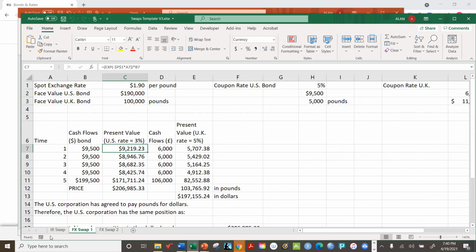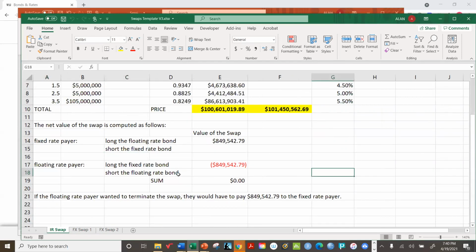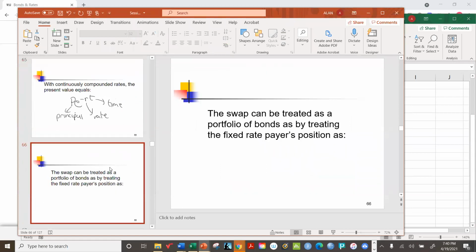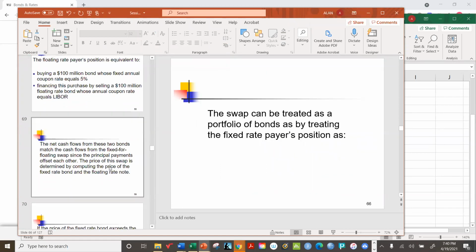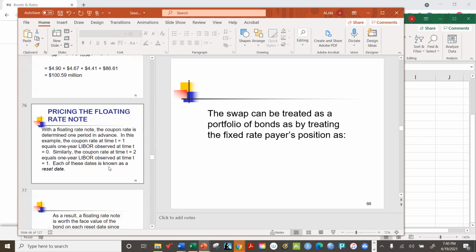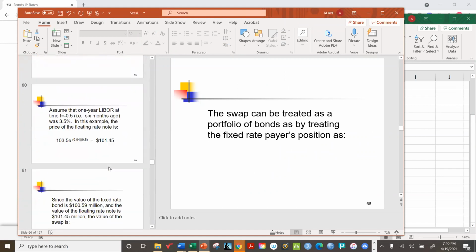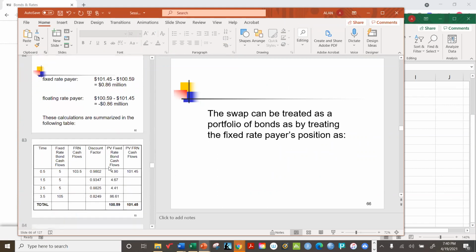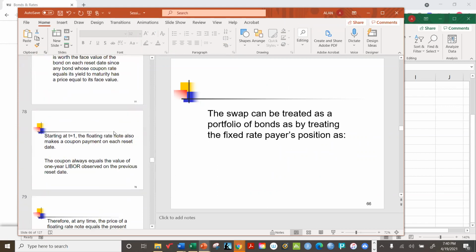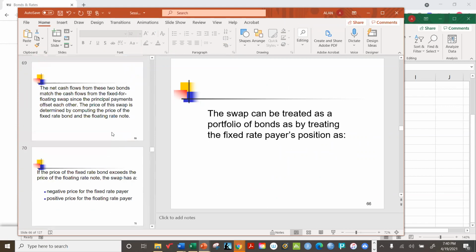Okay, these are a little bit trickier, but anyway, I just want to mention in passing that an alternative approach is to treat our swap as a portfolio of what are called forward rate agreements. I'll just briefly mention a forward rate agreement.